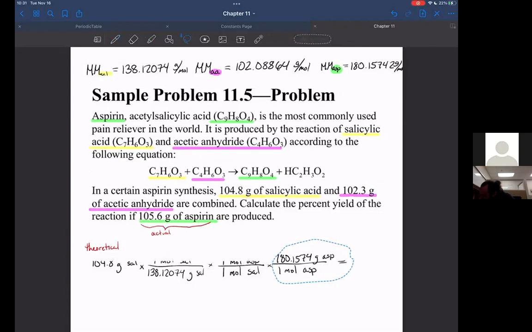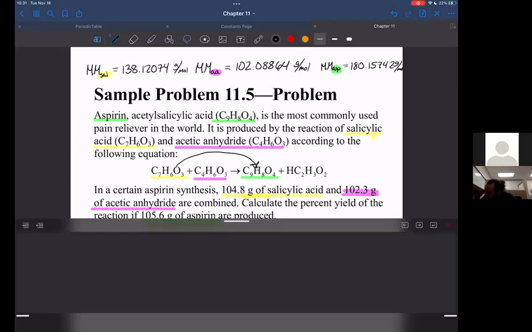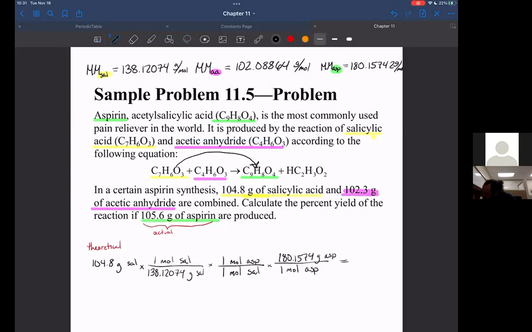And if all of my salicylic acid is consumed, then I would get 136. All right, so that's what my calculator is going to spit out.